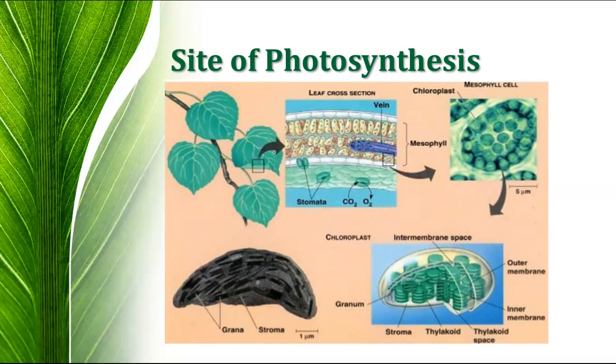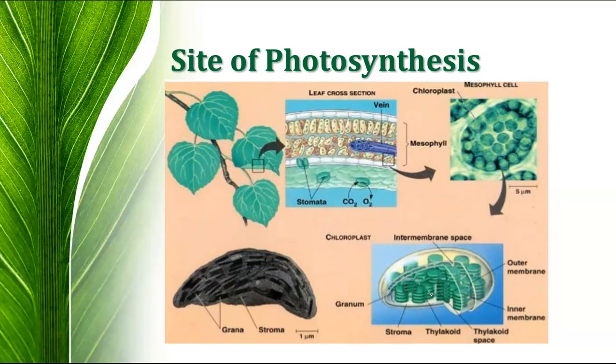When we take a section, we observe the outermost epidermis, and inside that some cells like mesophyll cells and bundle sheath cells, and at the basal portion the lower epidermis in which the stomata are present. In the mesophyll cells and bundle sheath cells, green colored cells are present. This is nothing but the chloroplast.